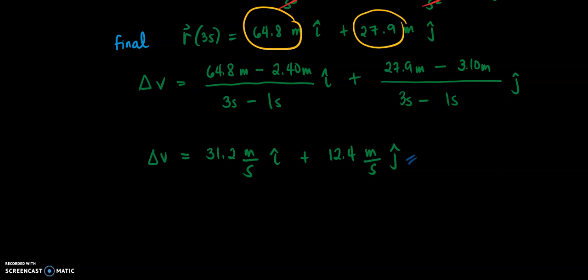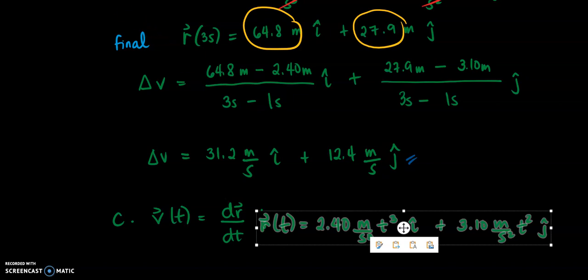And lastly, we're looking for the instantaneous velocity of the particle. Take note that the instantaneous velocity is again the derivative of the position with respect to time, wherein the r, or the position vector, is equal to this one.